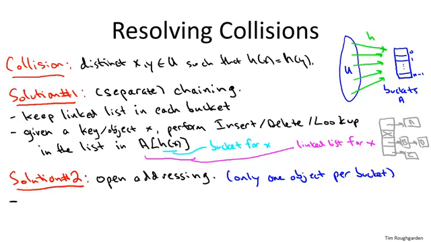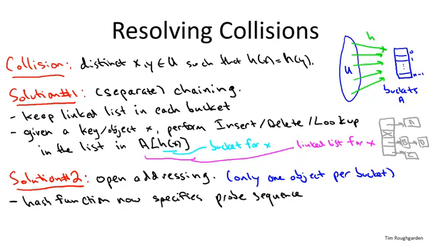That means there's no room for Daniel. So what you're going to do is probe the hash table in some other position. A hash function is now going to be replaced by a hash sequence, where the hash function tells you the first bucket to try to insert Daniel, failing that, a second bucket in which to try to insert Daniel, failing that, a third bucket, and so on. And you just keep trying until you find an open position somewhere in the array.